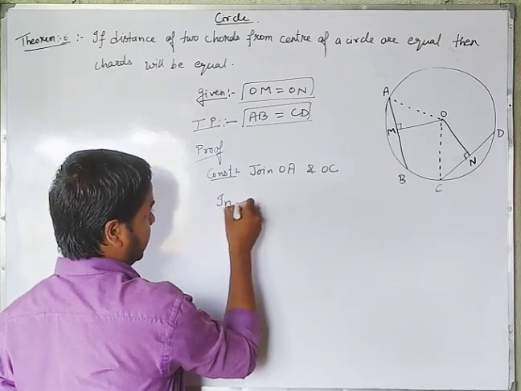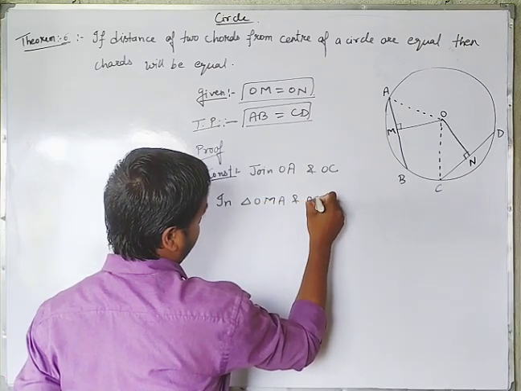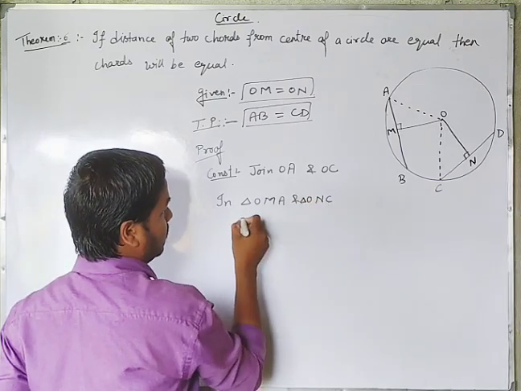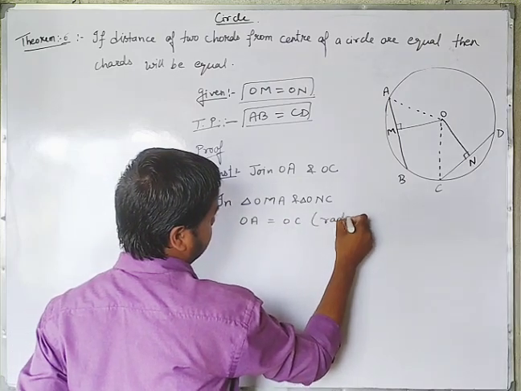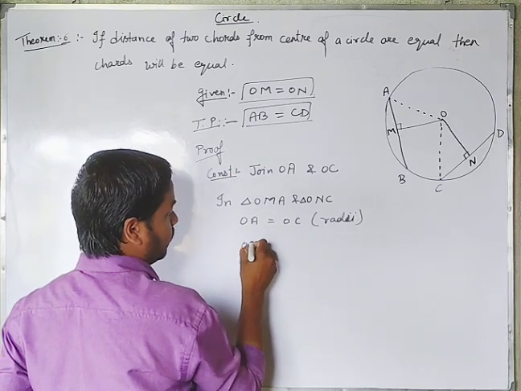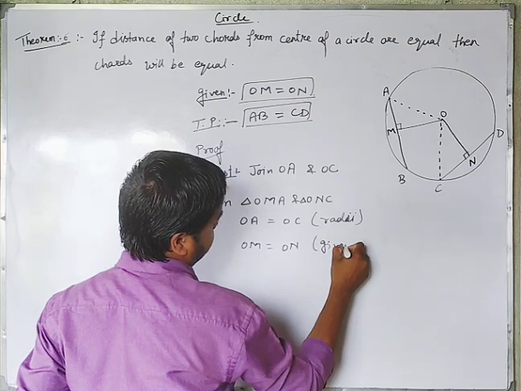We will write here, in triangle OMA and ONC, in the same way, OA equal to OC, that is radii. Next, OM equal to ON, that is given.